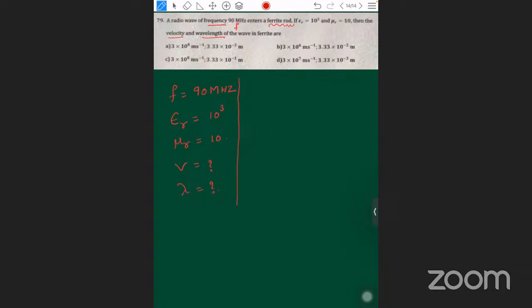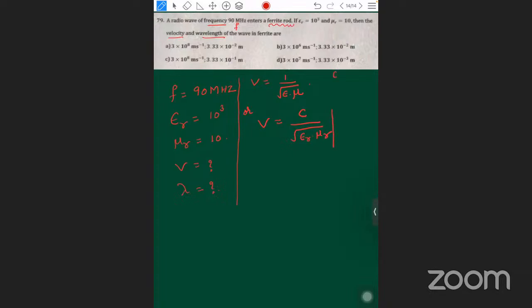You know that velocity is given by the formula V is equal to 1 divided by root of epsilon into mu, or in terms of speed of light, it is c divided by root of epsilon r into mu r. Sir, how did you get this?